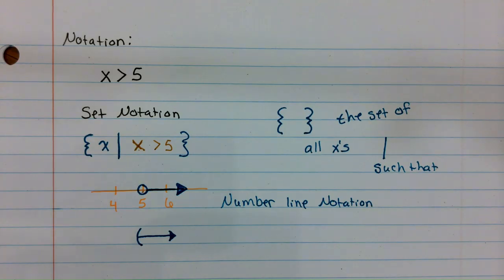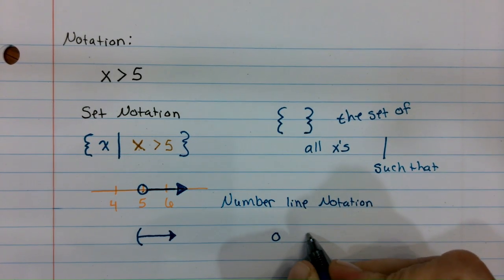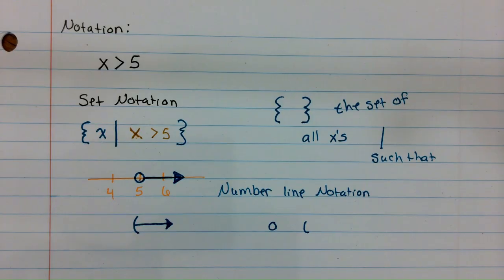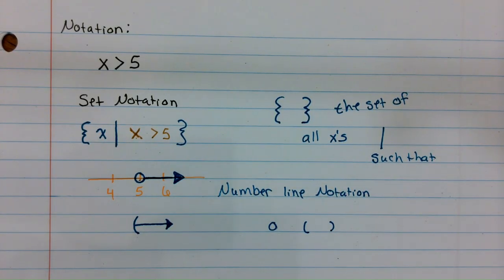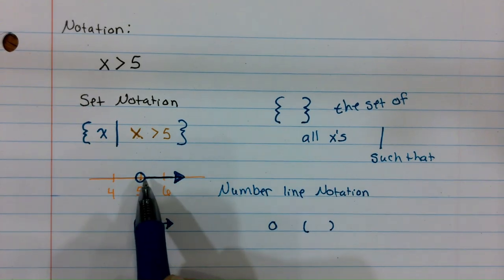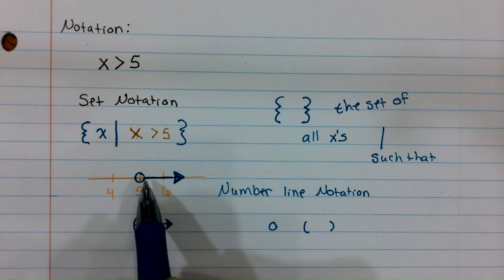So we're just changing out that open circle to a parenthesis. Now, if it went the other way, we would have used the other parenthesis. And that just means we can get very close to it, but not touch it. So we can get almost to 5, hence 5.01 is okay, but 5 itself is not.